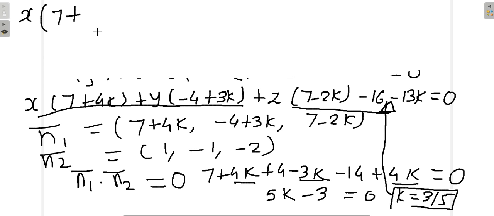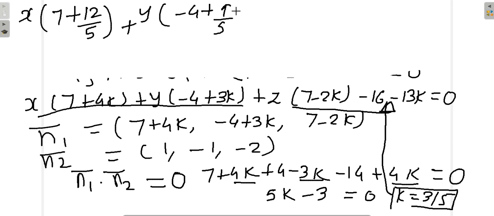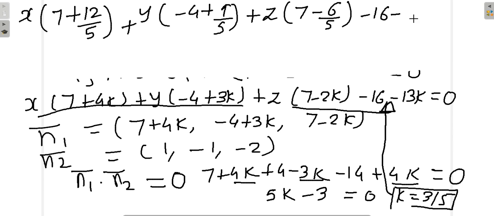Four into 3 by 5. 3 into 3 is 9 by 5. So 1 5 are 35. 35 plus 12, 47.